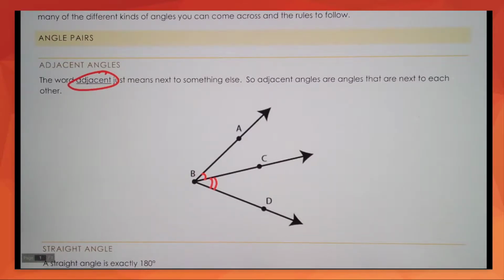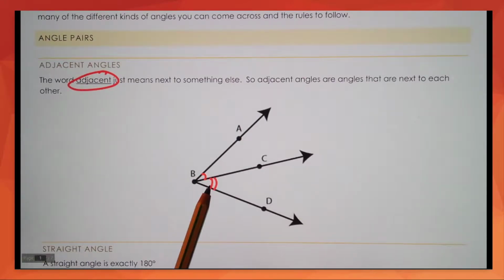I'd have to get a protractor out and measure it to be sure. Since I don't think they're the same, I used 2 notches on this one and only 1 on this one to demonstrate that they may not be the same size. If I put 1 mark on each of these, that would mean that they were congruent, the same measure, but that's not really given here, so I don't know that.